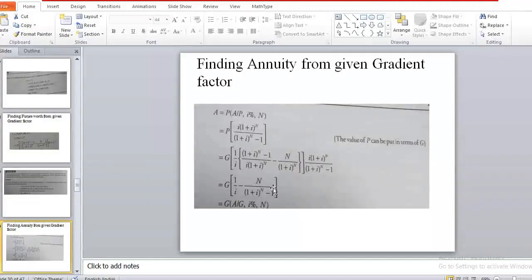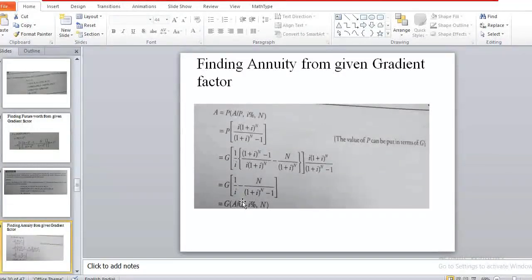After simplification it will appear like this. So this is the gradient factor for the annuity equivalence. This gradient factor we consider for the calculation of annuity.